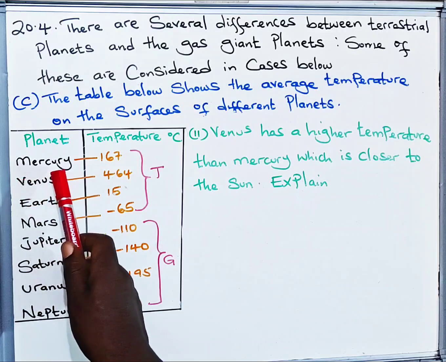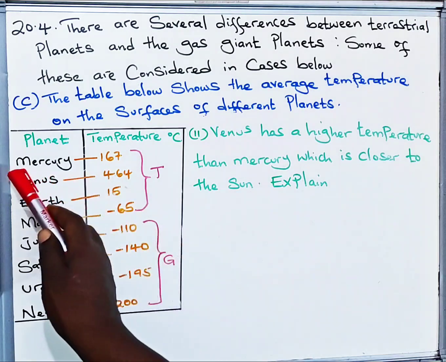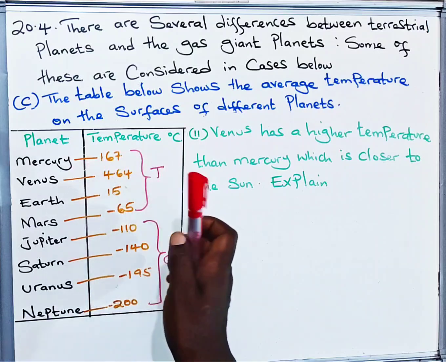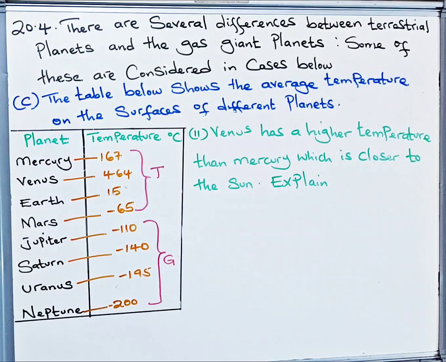Compared to Venus, Mercury has a very thin atmosphere, and so it loses heat very fast. It warms very fast and loses the heat very fast. Actually, Mercury has extremes of temperature. During the day, it is very hot, above 400 degrees.